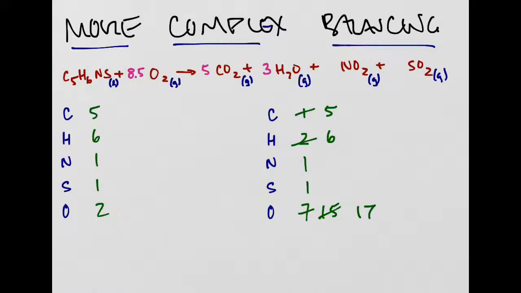So what do you need to do? Well, it's a nice, easy fix. You're going to take this entire equation that you've just created here with all these new pink coefficients, and you're going to multiply all the coefficients that exist in each one of the compounds by 2, because if you multiply a number that has a half in it, like 8.5, by 2, it's going to make it a whole number.